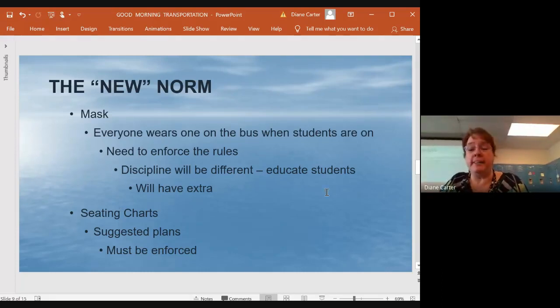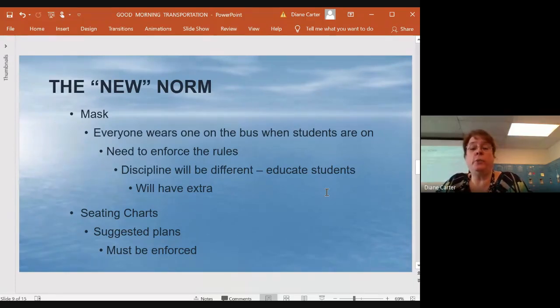There have been many suggested plans on how you can seat the students, and they go anywhere from one child to every seat, which would be all of 24 kids on a bus, or there is a way of doing every other seat. So if you start with one child on the passenger side sitting in the middle, behind them would be two.